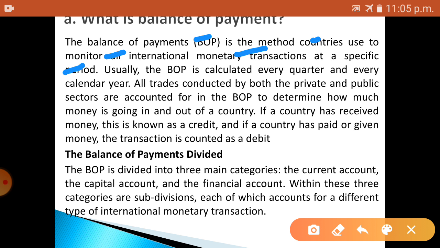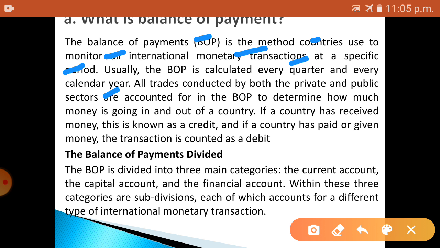Usually BOP is calculated every quarter, means 3 months, and every calendar year. All trades conducted by the private and public sector are accounted for in balance of payment to determine how much money is coming into and going out of a country.